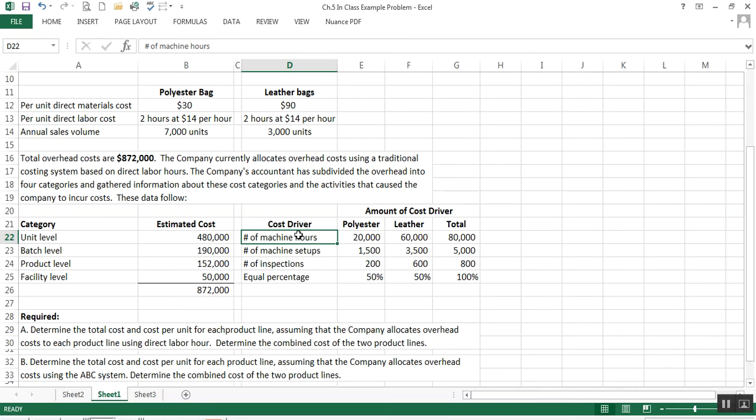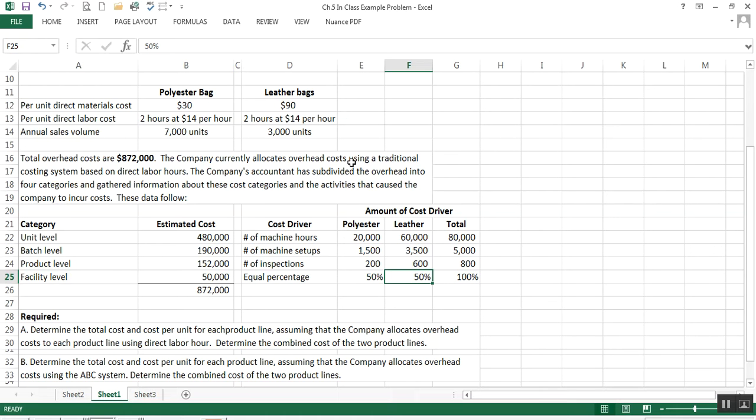And they've identified the cost driver at each of these levels. So the cost driver at the unit level is the amount of machine hours that it takes. The batch level is the number of setups, the number of inspections, and then the facility level is an equal percentage between the two.